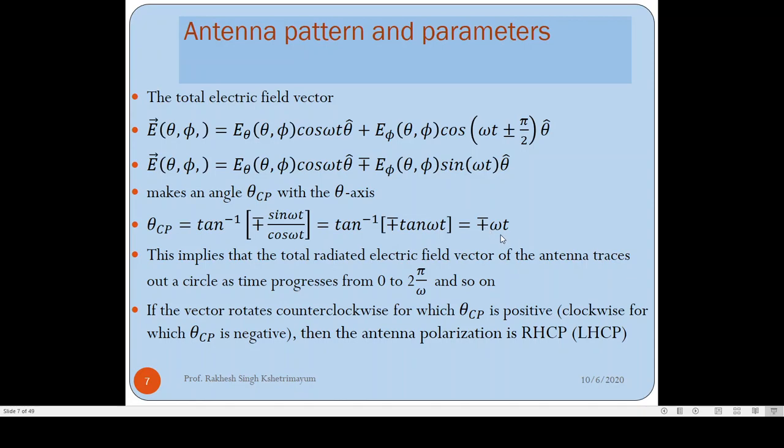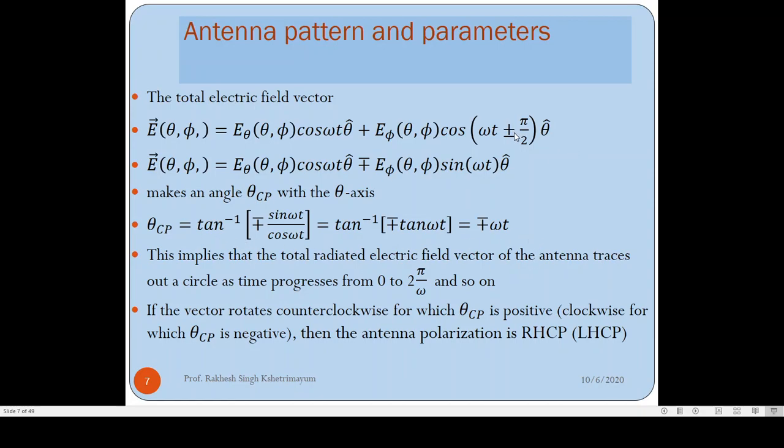And one more thing is that this angle, which the total electric field makes with the theta axis, is changing with respect to time. At time t equal to 0, the angle is 0 with respect to the theta axis. Then at other values of time t, it will be forming a circle in the positive, or let's say anti-clockwise, direction. So that's why we have a right hand circular polarized wave.